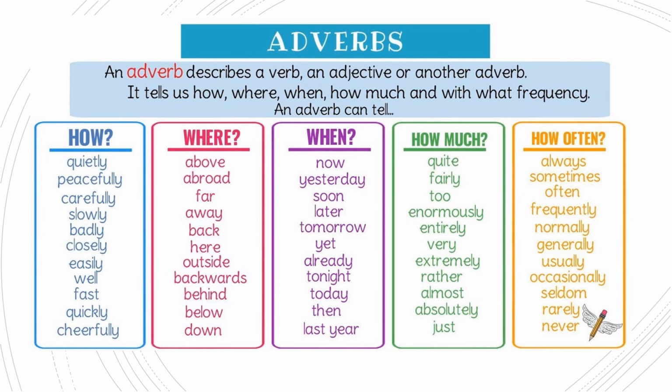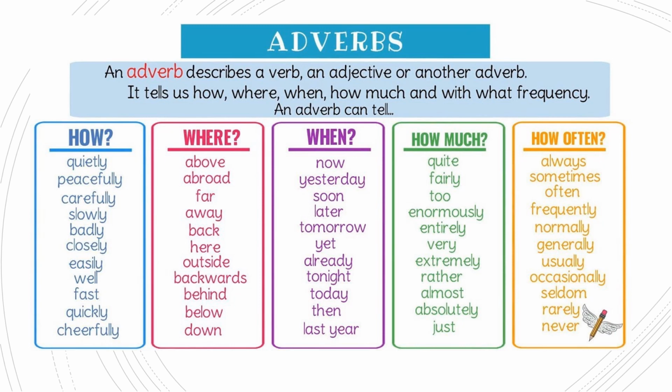Okay, so as we all know, an adverb describes a verb, an adjective, or another adverb, which we have already discussed. It actually tells us how, where, when, how much, and with what frequency something happens. So here is a list of certain examples that you can read out and remember as well.